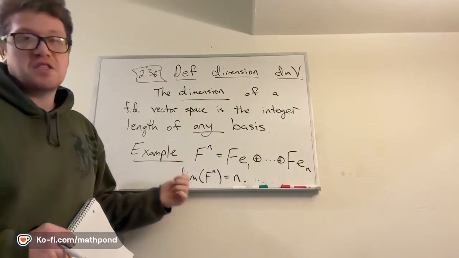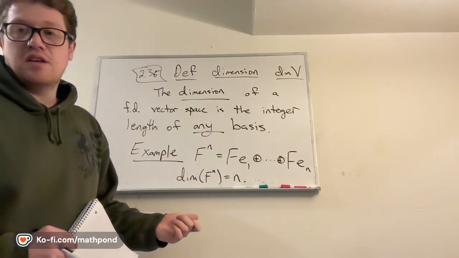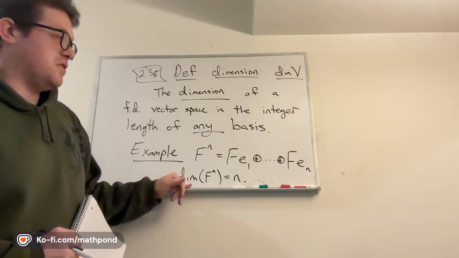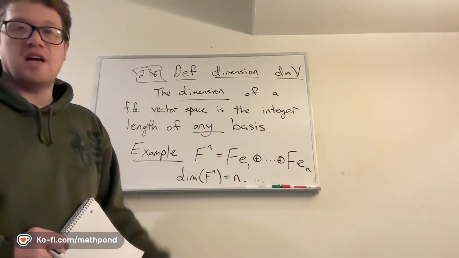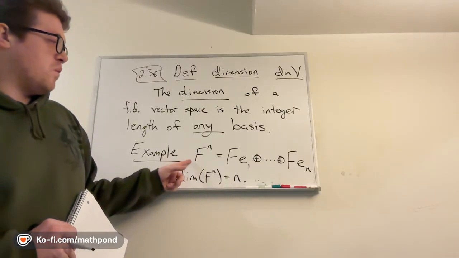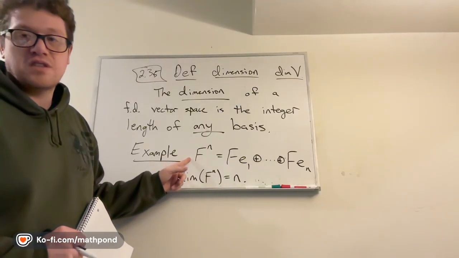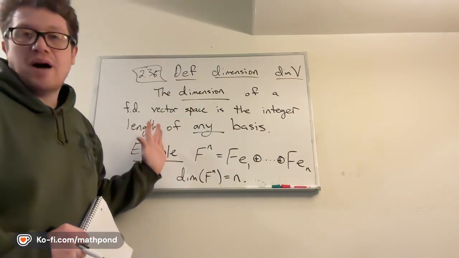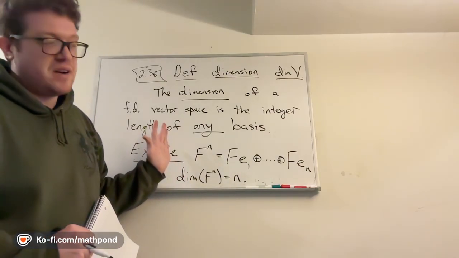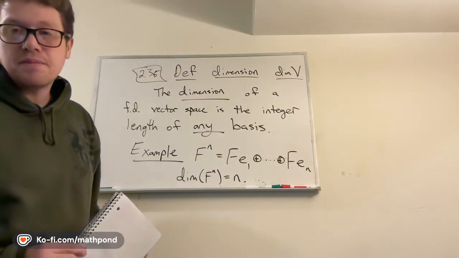Therefore, it's a finite spanning set, so it's finite dimensional, and it's linearly independent, therefore it's a basis. There are n elements, so there's dimension n. And once we know that the dimension of a vector space is n, we know that up to isomorphism it just looks like this vector space. So essentially every possible finite dimensional vector space is just some list of scalars. That's it.